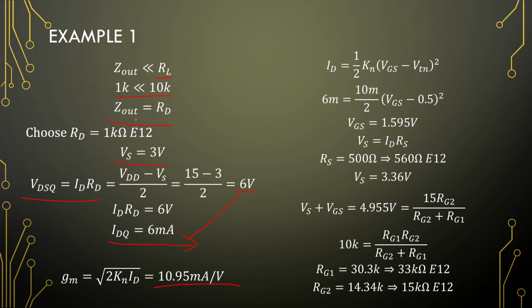Multiplying that with 1 kilo ohm will give us a gain of about 10.95. Okay, so this is not a very large gain amplifier, but it is being designed for maximum voltage transfer to the load. Right, so there are various ways that amplifiers can be designed, and this is just one form of it.